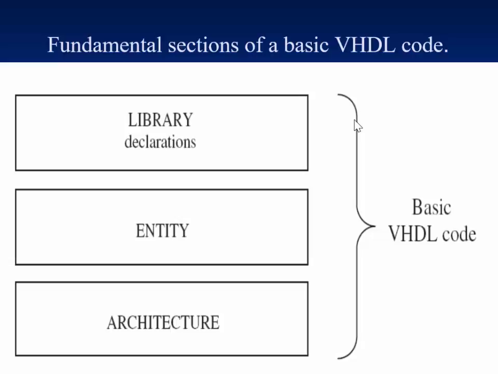IEEE basically handles all the libraries available for VHDL. So normally you just tell the code to use the IEEE library. Now you may have to add some other libraries that are specific to particular hardware or particular things you're going to do, but you simply have your library declarations. It's very easily done. Then you define the entity and then the architecture.